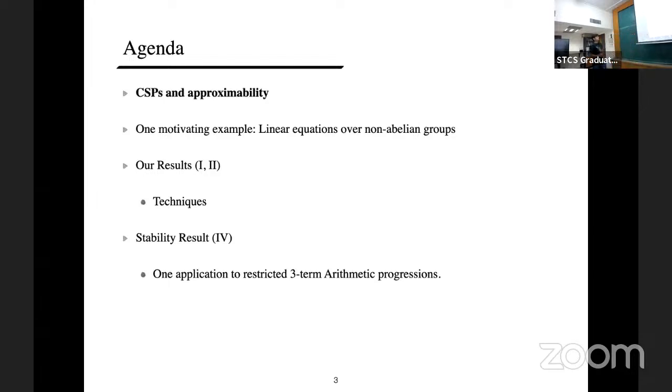So let's start. There are these well-known CSPs. 3-SAT is a well-known CSP. Here the variables are Boolean, and each constraint is an OR of 3 literals. You are given a collection of constraints and variables, and you want to find an assignment that satisfies as many clauses as possible. 3XOR is again a 3-CSP because there are 3 variables involved in each constraint, and each constraint is an XOR of 3 variables.